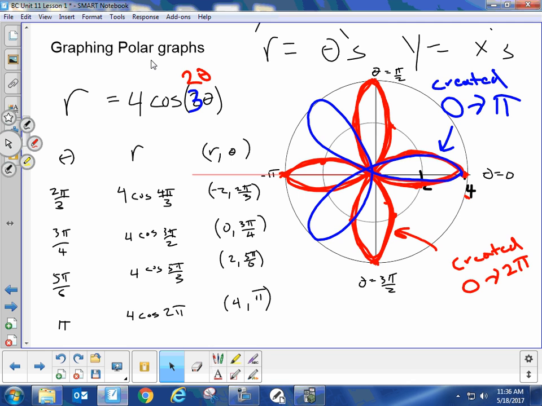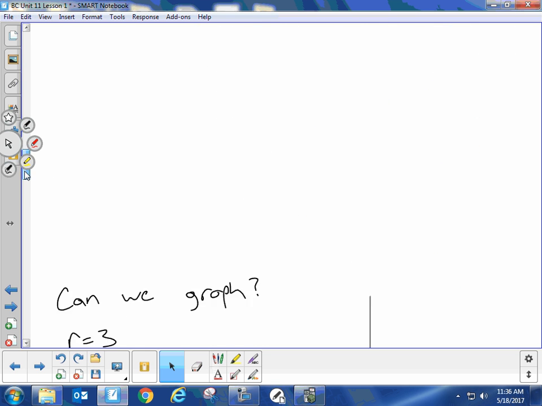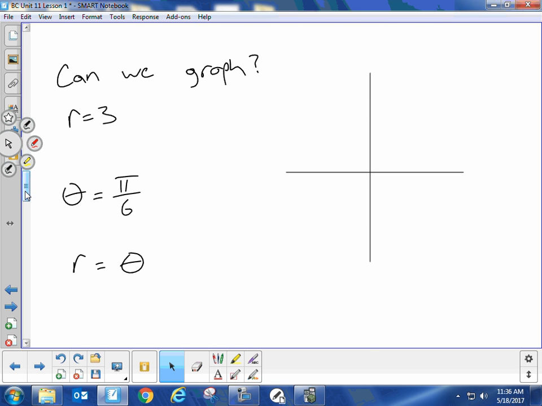Okay, so cool. Now, can you graph these without using your calculator?